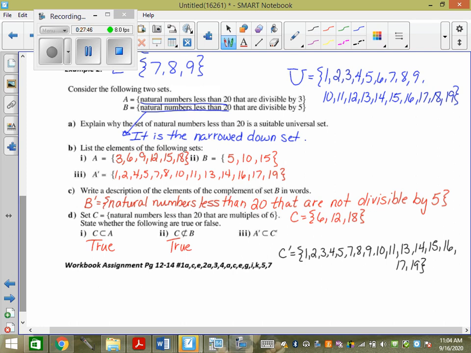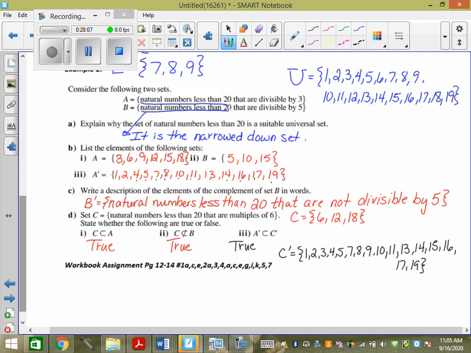So is everything in not A also in not C? Well, let's check. 1, yep. 2, yep. 4, yes. 5, yes. 7, 8, yep. 10, 11, 13, 14, 16, 17, and 19. Yeah. So it's true as well.